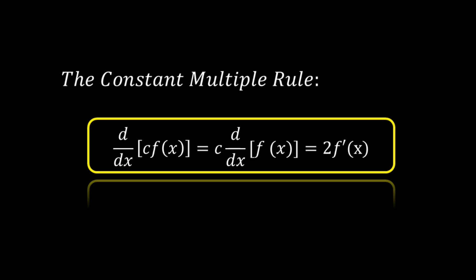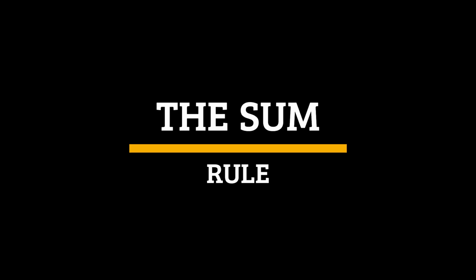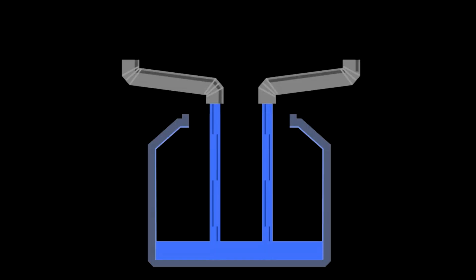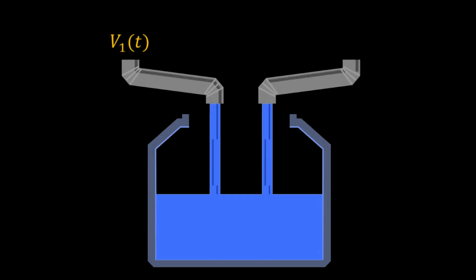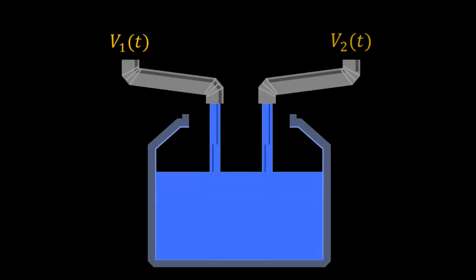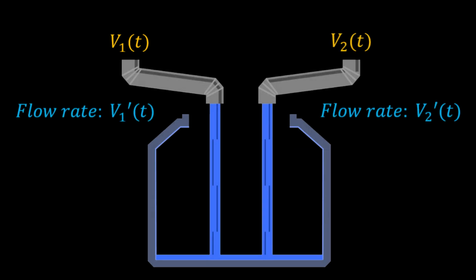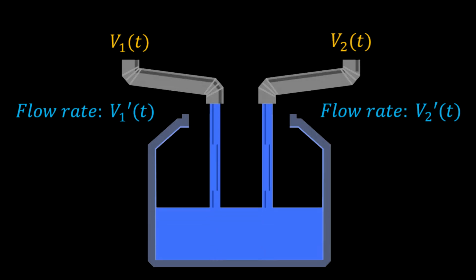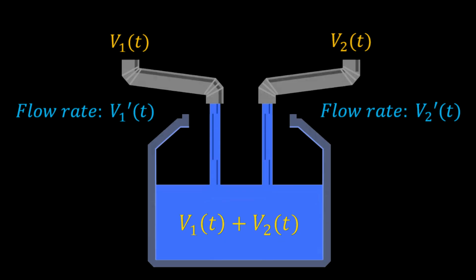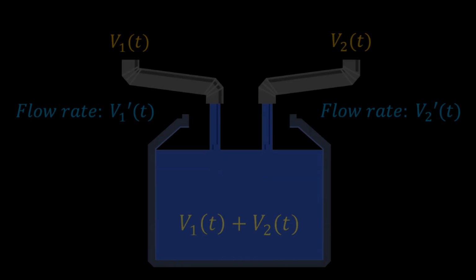Next, we'll explore what happens when we add functions. To understand the derivative of a sum, let's consider a water capture system with 2 sources. The sources, V1(t) and V2(t), have flow rates of V1 prime and V2 prime into a large container respectively. At time t, the container holds V1 plus V2 liters of water.